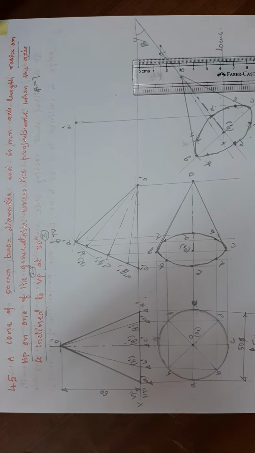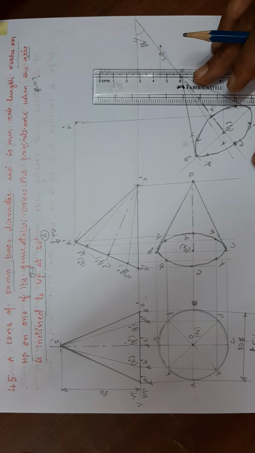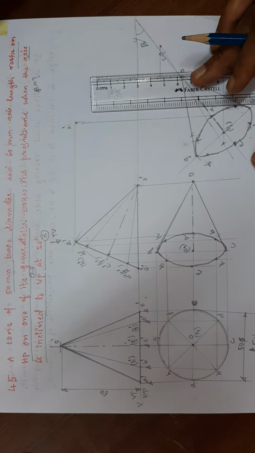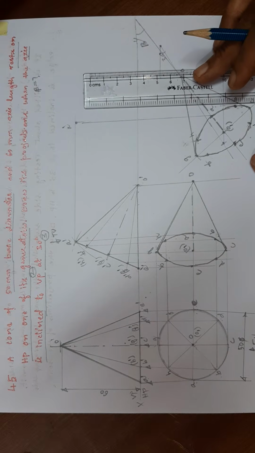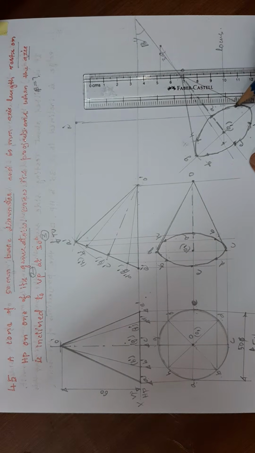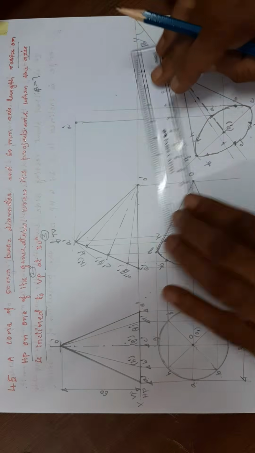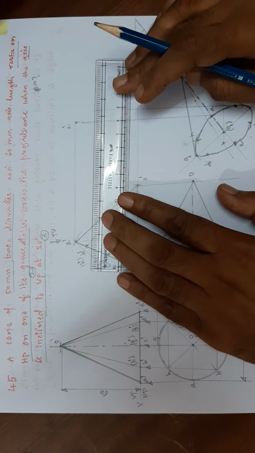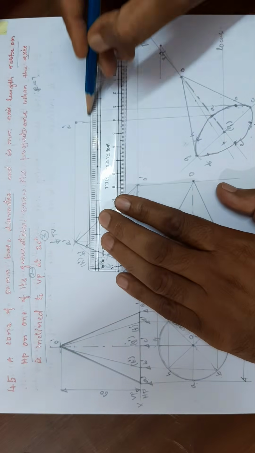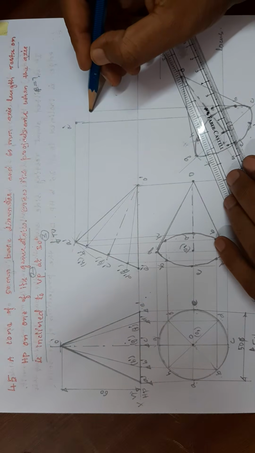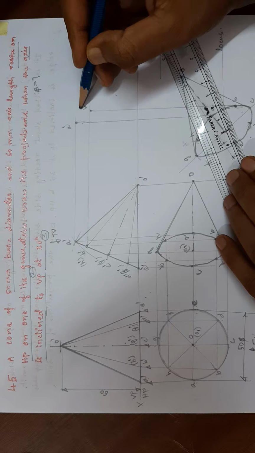Next B, vertical projector line from B, horizontal projector line from B, and this point is B dash.